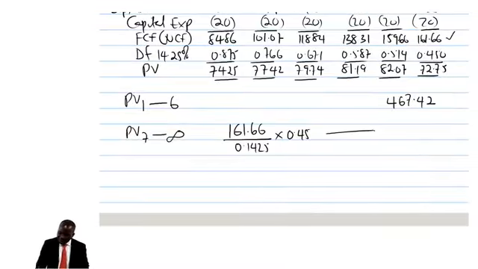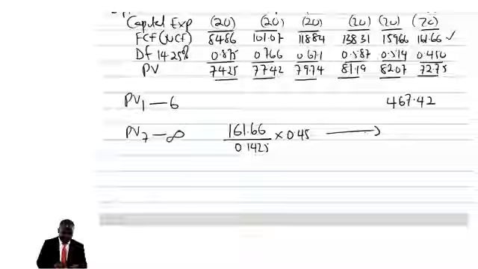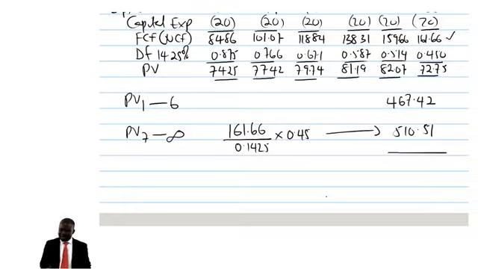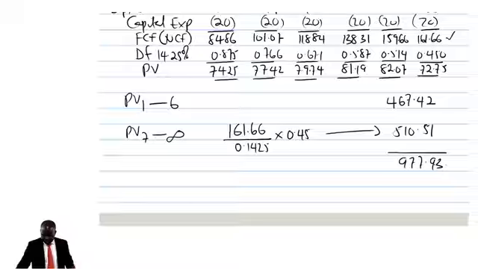So how much will I get there? 161.66 divided by 0.1425, all times 0.45, and that will give me 510.51. When you sum them up, plus 467.42, that gives 977.93 approximately.